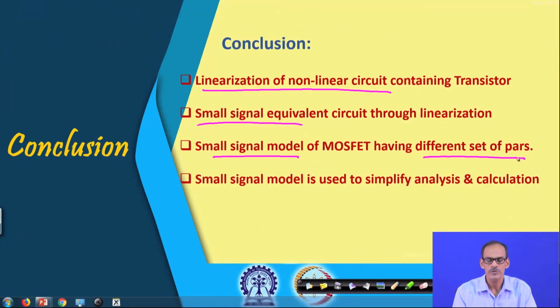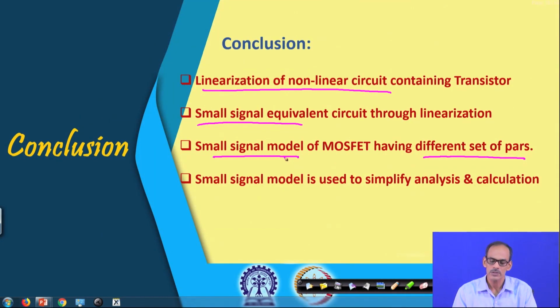Their values depend on the center point of the linearization, namely the quiescent point. If you use this small signal model of the device in an actual circuit, that will simplify the analysis and also the calculation.